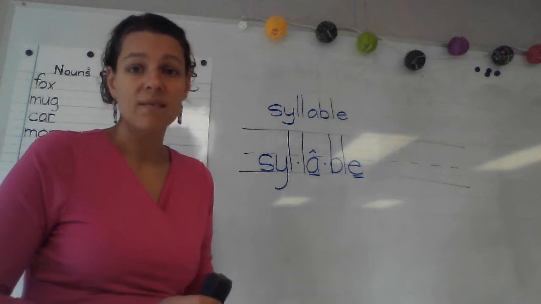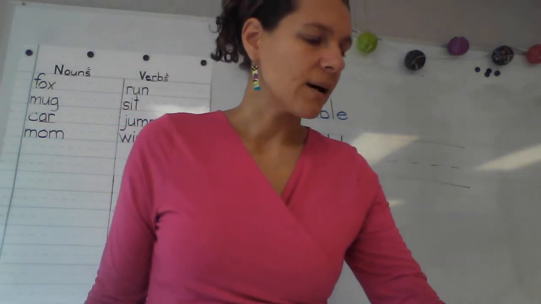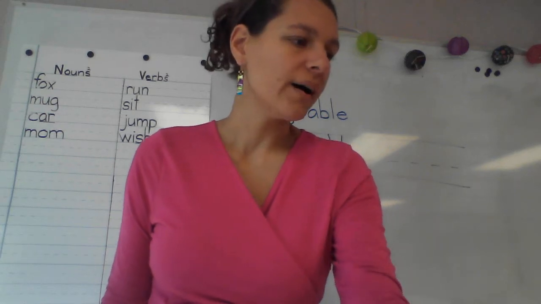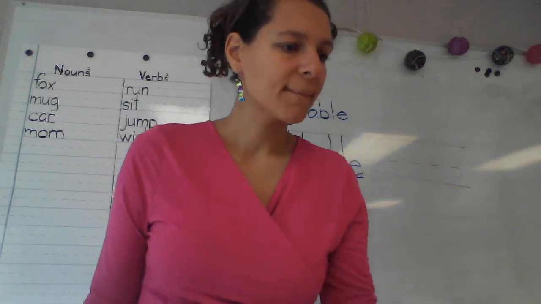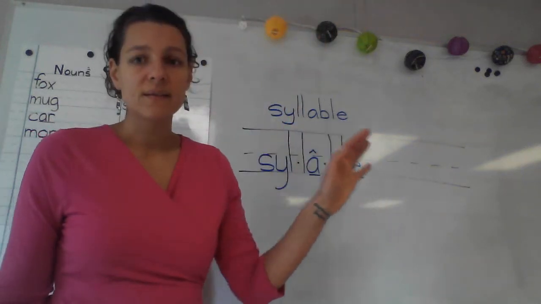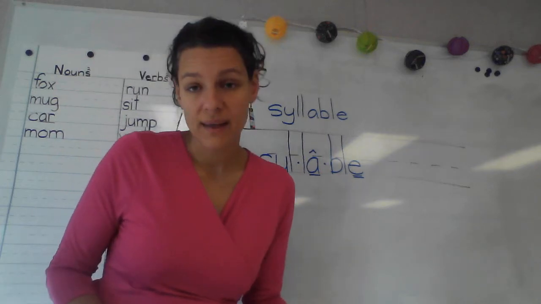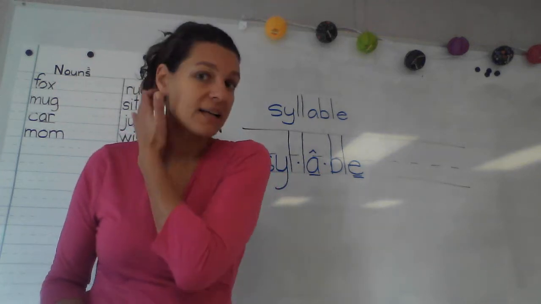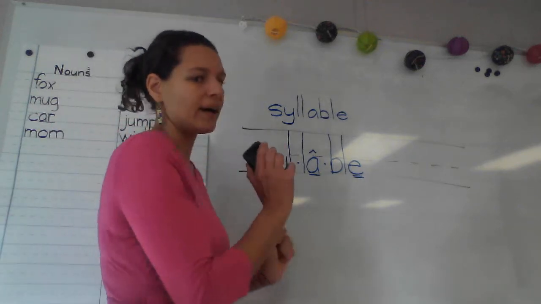We know that we can have a word that's just one syllable, like most of the words that we've been working on so far. And that means that there's just one vowel or one vowel group in our word, because our vowels are what define our syllables.